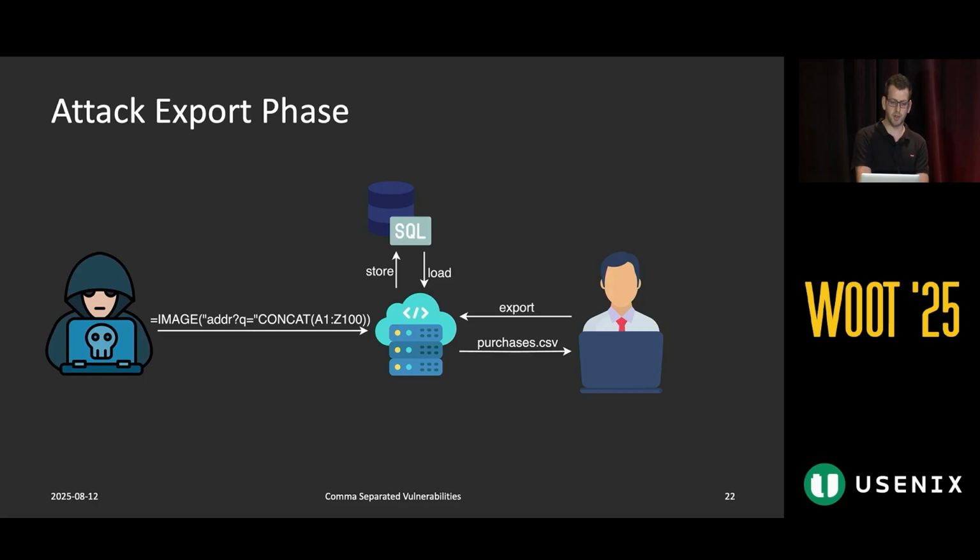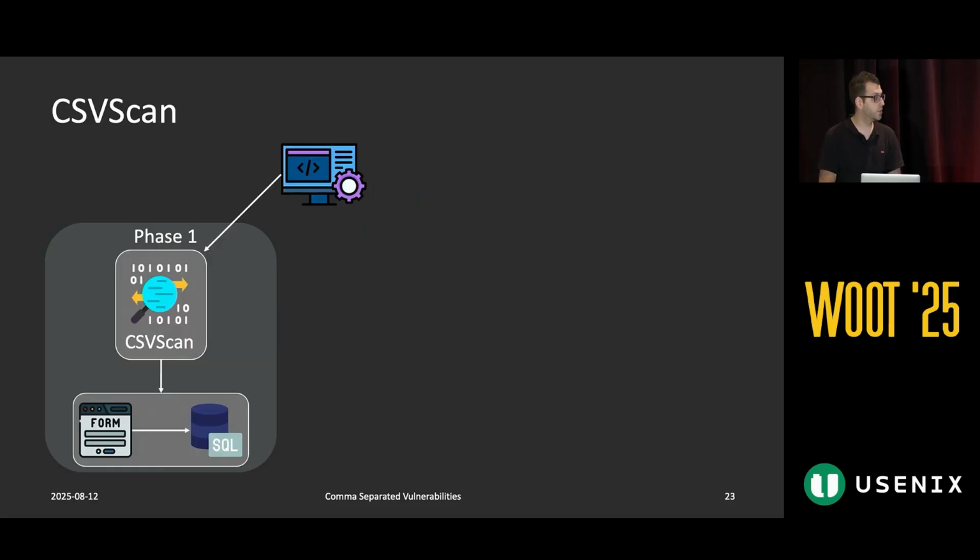And therefore, we implemented CSVScan, which is a Java-based tool using WALA as a framework to do a data flow analysis to find these vulnerabilities. And in the first phase, we analyze the application and search for sources with user-controlled input that is written to the database. For example, if you have an API or form fields or stuff like that, where users can enter their data.